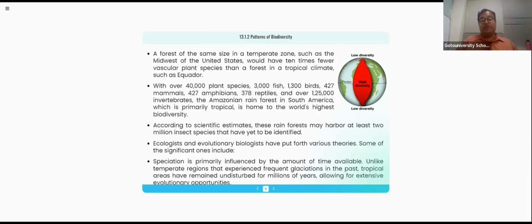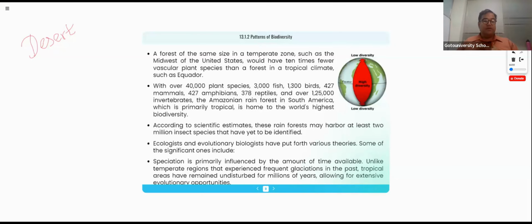This is a very good example for species diversity, and a good example for the desert area. In the desert area, we observe this type of diversity.